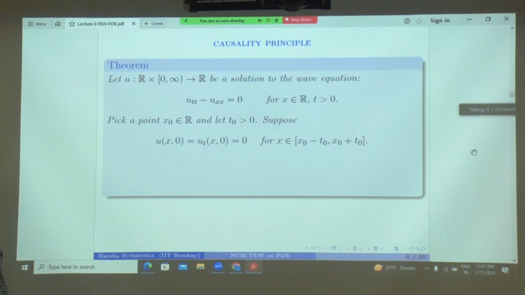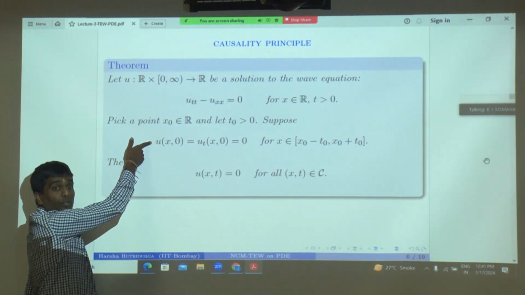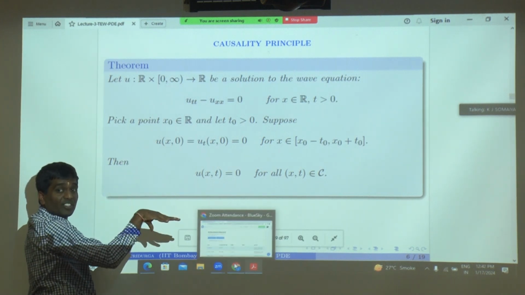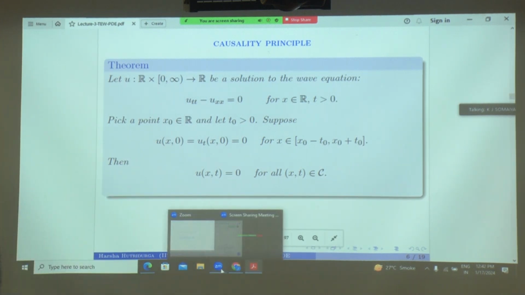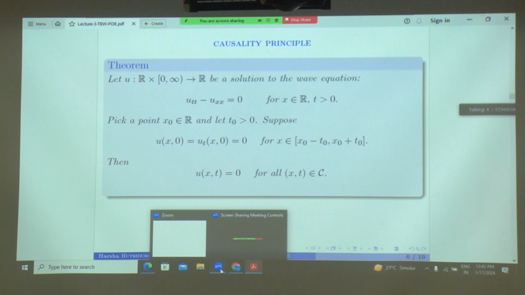Suppose this is given to you. Just because u solves the wave equation, you can say that if u and the time derivative of u vanish on the bottom of the triangle, then u should vanish everywhere in this triangle.